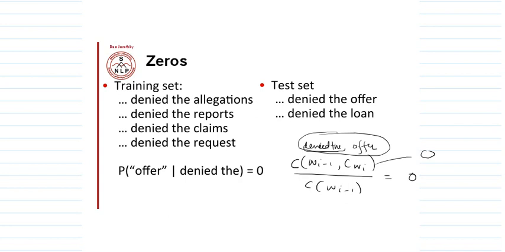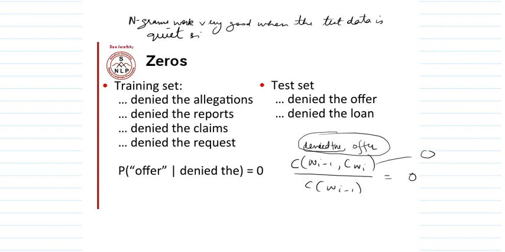Alright, so the preliminary n-gram language models work very well when the test data is quite similar to the training data, right?